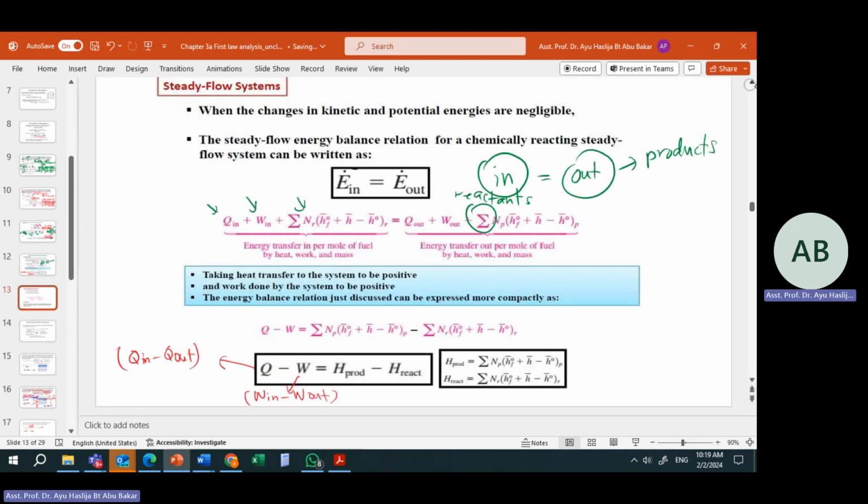So in short, it's simplified to this equation. Q minus W. Okay, Q here means Q in minus Q out. W here is the summation in minus out. Equivalent to the H product minus reactant. Okay, product minus reactant.